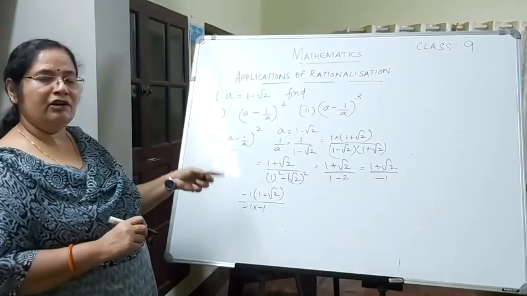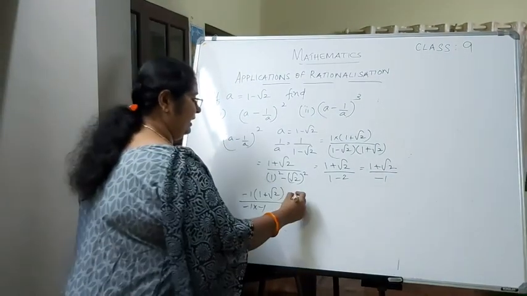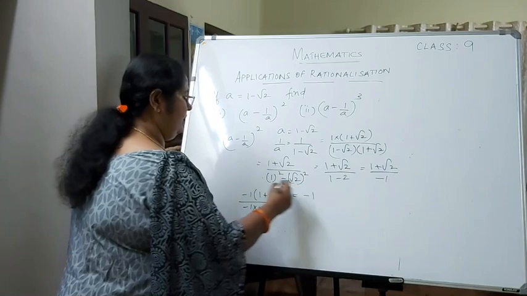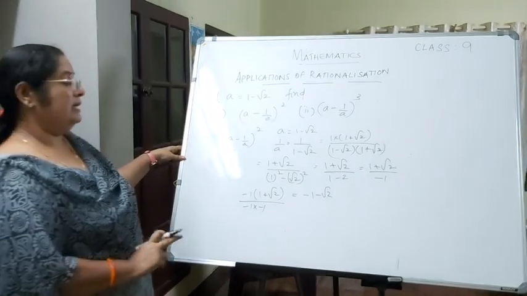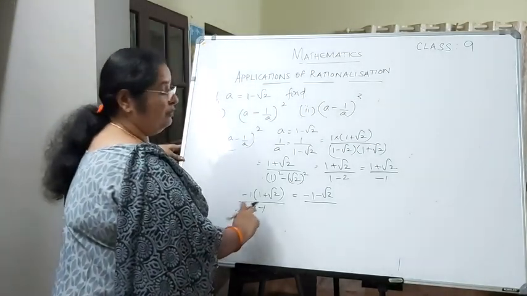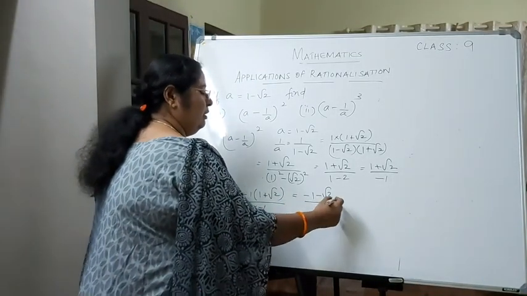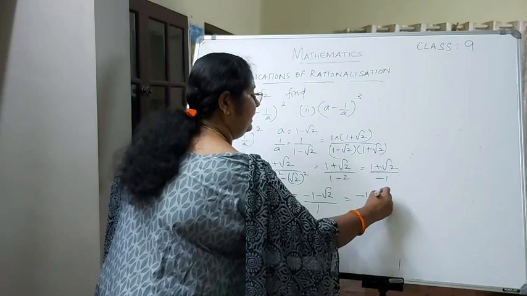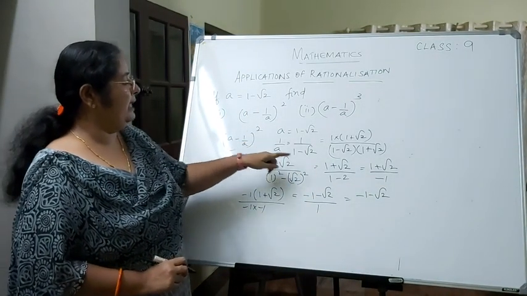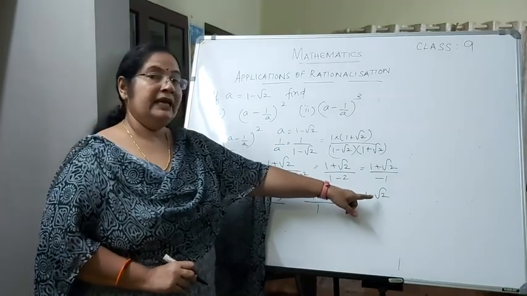Minus 1 into 1 is minus 1, minus 1 into plus root 2 is minus root 2, divided by minus 1 into minus 1 is 1. Or this is minus 1 minus root 2. So we have found 1 by a as minus 1 minus root 2.